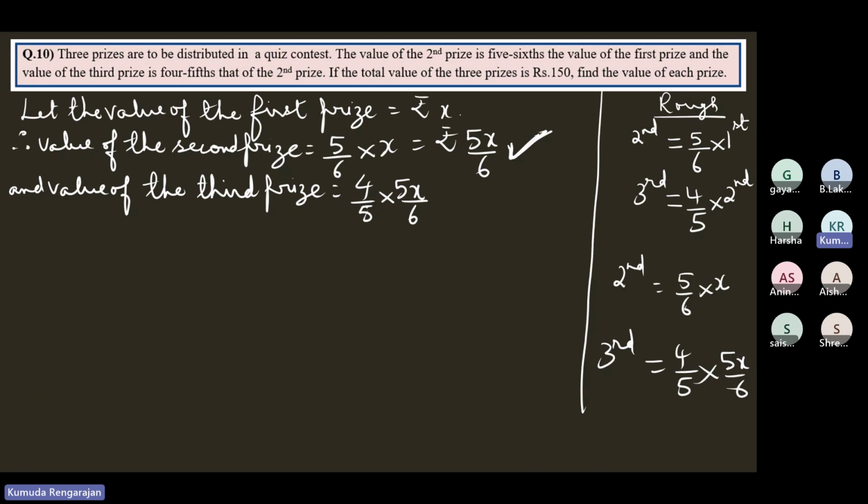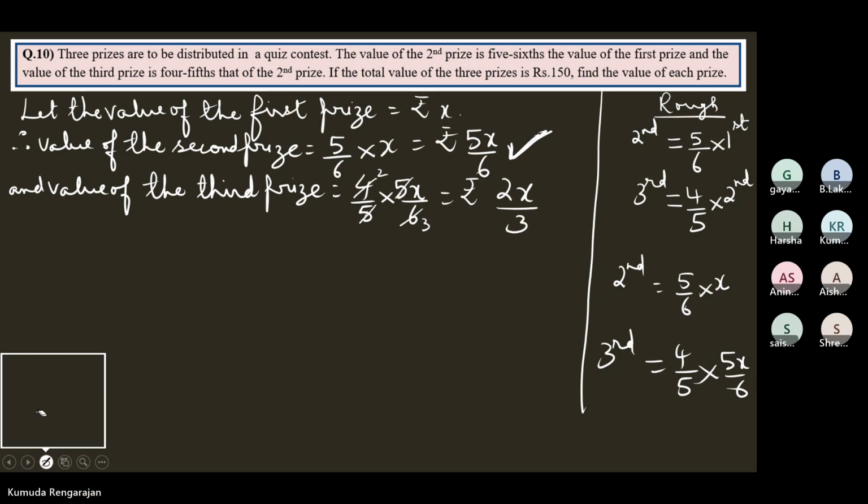You can simplify. So see here, 5 and 5 cancel out, and 2 3s are 2 2s are 2 3s are. So we get rupees 2x/3. Isn't it easy, children? Yes, ma'am. This one is easy. It is very, very simple. You just have to read and convert that to mathematical equations so that you can understand better. Then assumption becomes really easy.